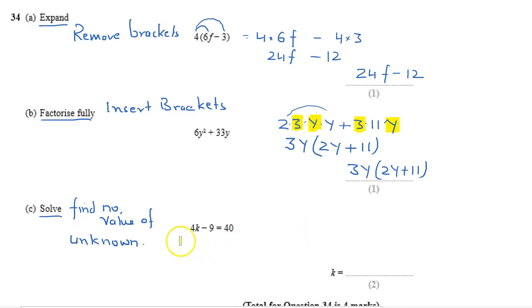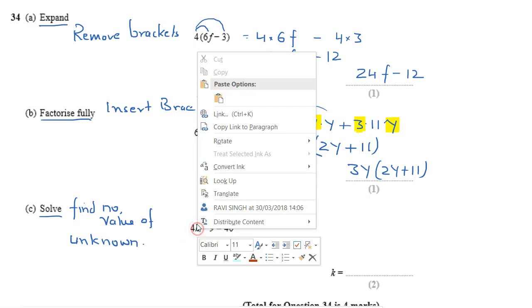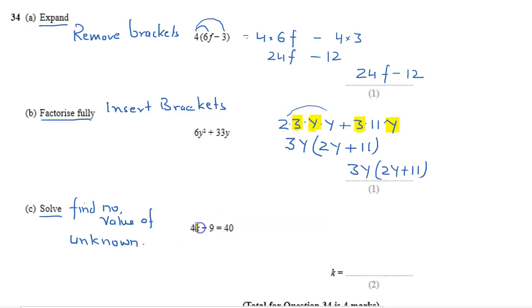Now in this question, you know 4, you know 9, you know 40, but you don't know k. So we have to find the value of this k. How are we going to find this? This is 4k minus 9 is equal to 40. This is minus 9. If I take this 9 here, it will be plus 9.